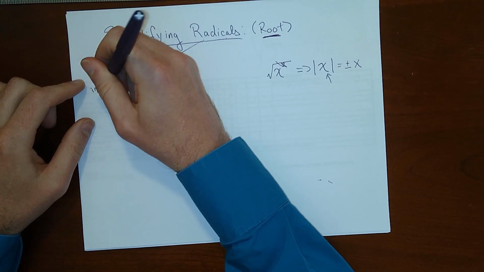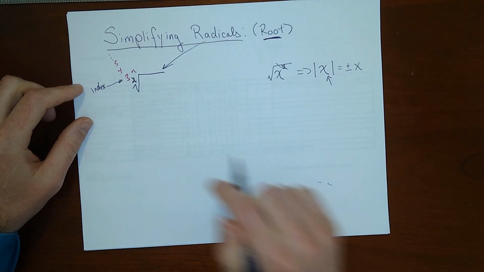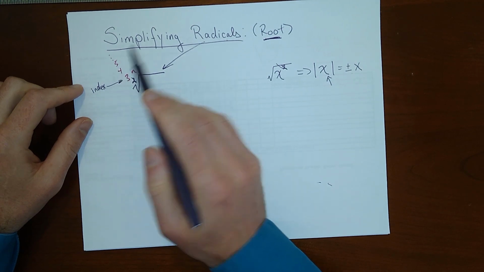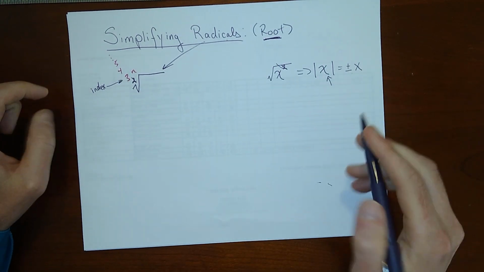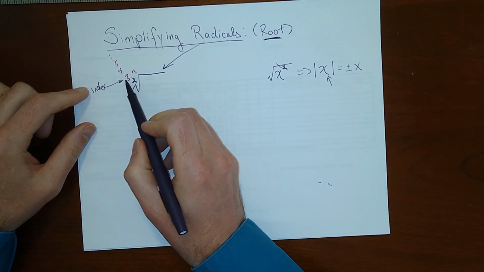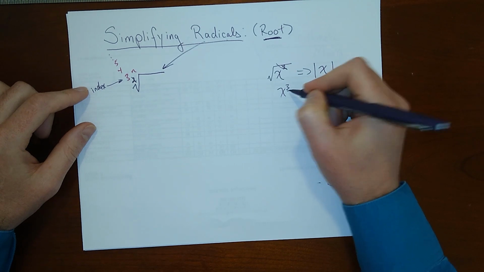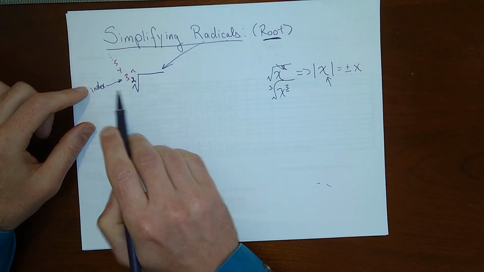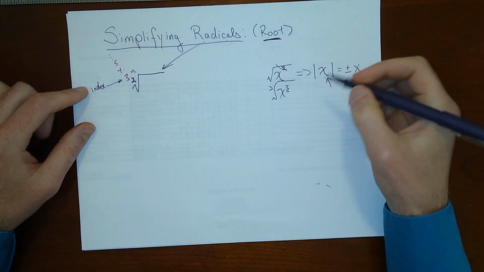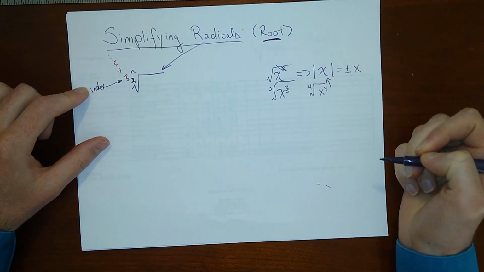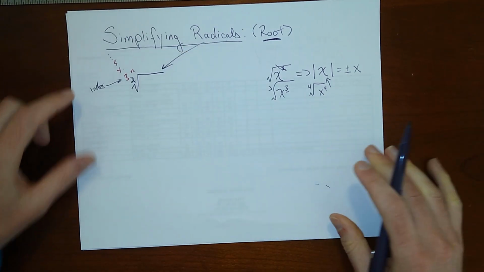But in this course, we're going to mostly just be dealing with square roots. So we won't go into too much detail on these other situations. But if it's a third, all that means is you're undoing a cubing instead of a squaring. If it's a fourth power, then you're undoing something which was raised to the fourth power instead of a squaring, and so on.